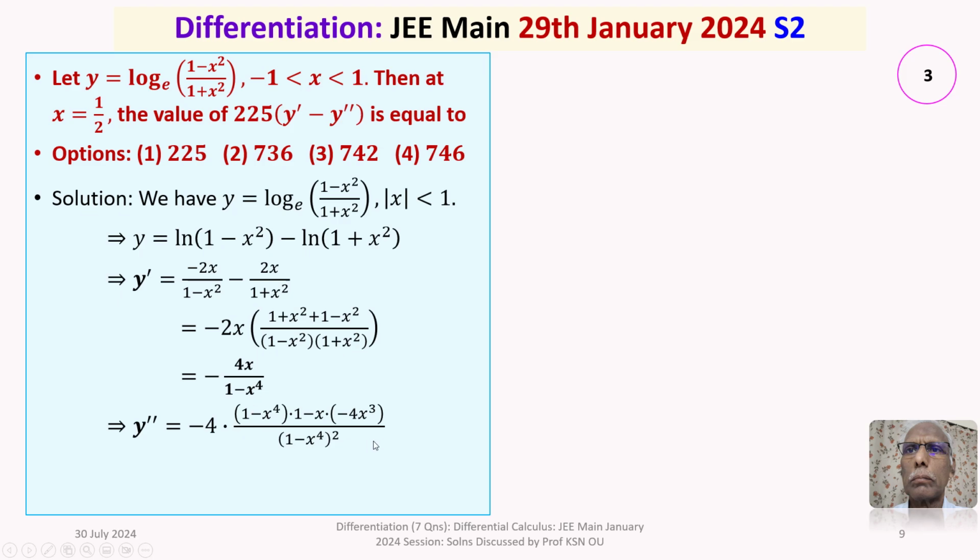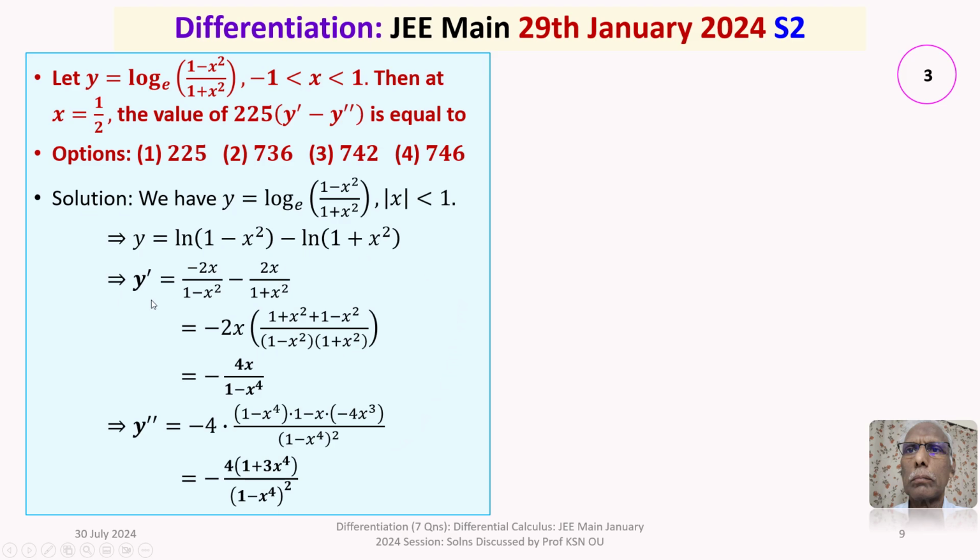When you differentiate, it is denominator square, into the denominator and the derivative of the numerator, minus the numerator into the derivative of the denominator. That's the u by v formula. And simplify, you will get minus 4 times 1 plus 3x to the power of 4 by 1 minus x to the power of 4 whole square.